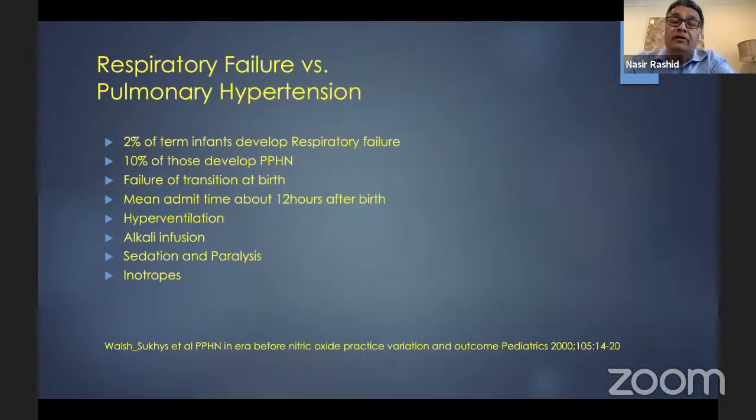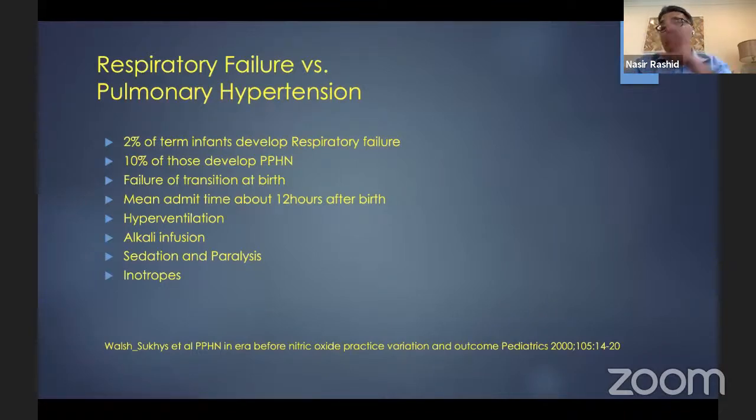To this day, interestingly, that incidence pattern still exists. Out of 100 births, 2% of infants develop some kind of respiratory failure. This is data based on Western studies, so I am not sure what the prevalence or incidence rate is in other countries.